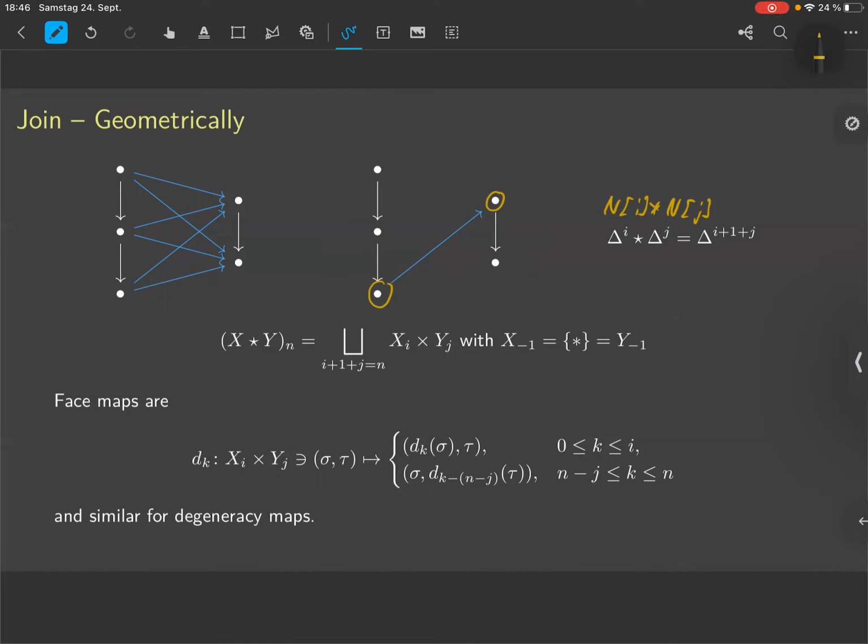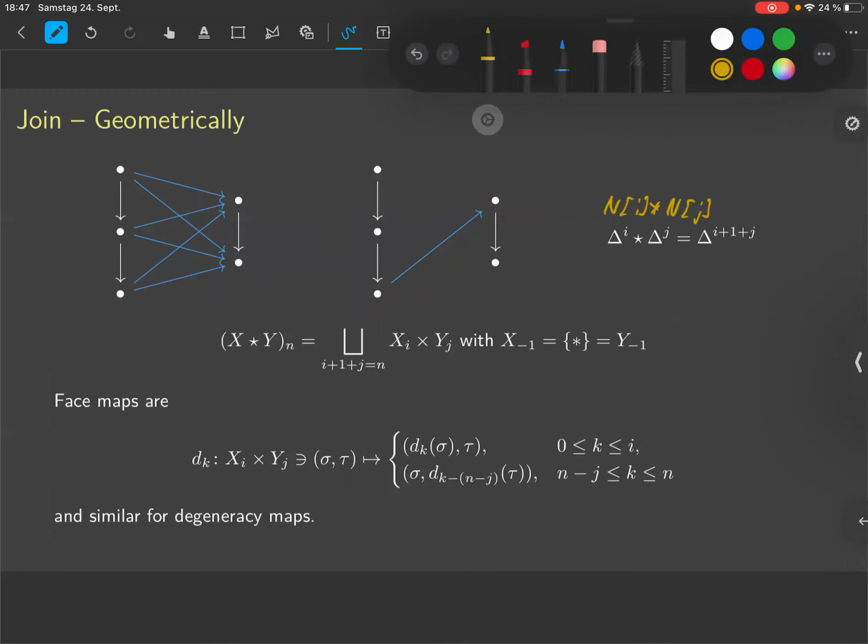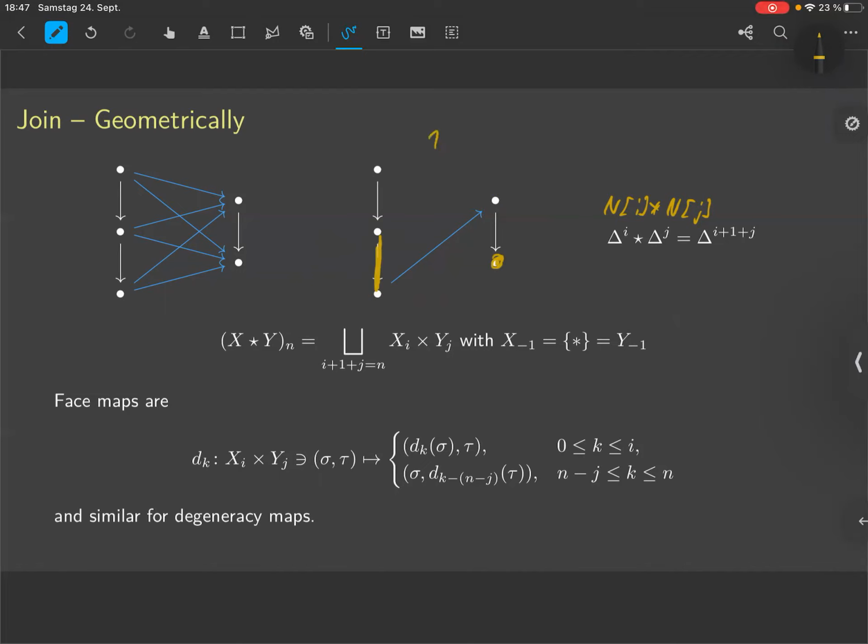And to make it explicit in formula, what are the n simplices of the join? It is this formula here. So the n simplices consist always of an i simplex in X and a j simplex in Y. For example, we could take a one simplex of this one here, and here a zero simplex. Then we have 1 plus 1 plus 0. This is 2. So altogether, we get a 2 simplex.